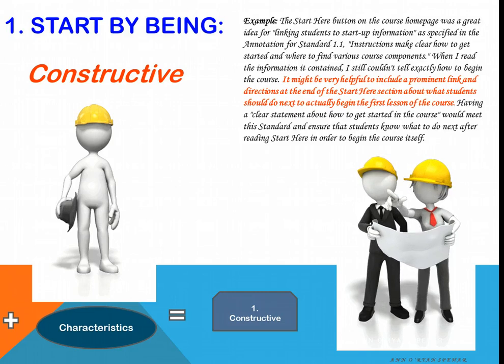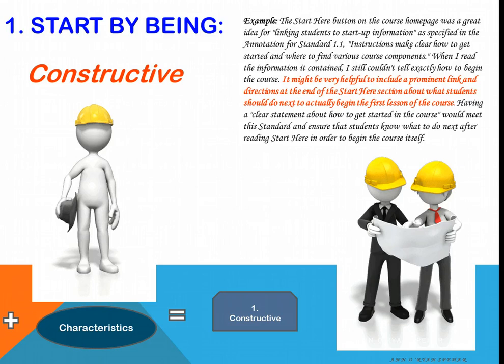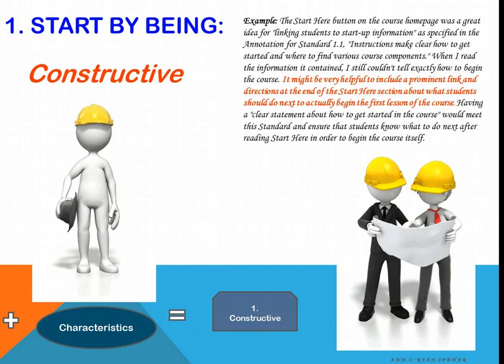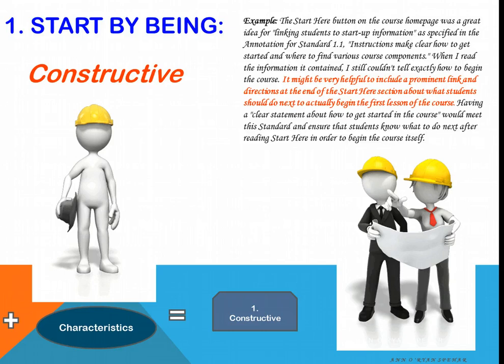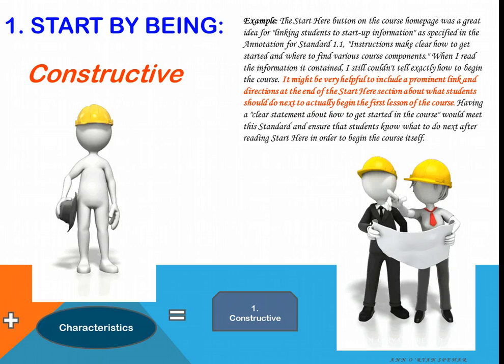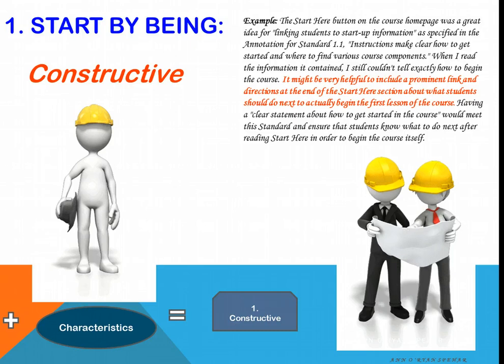It might be very helpful to include a prominent link and directions at the end of the Start Here section about what students should do next to actually begin the first lesson of the course. Having a clear statement about how to get started in the course would meet this standard and ensure that students know what to do next after the Start Here in order to begin your course itself.